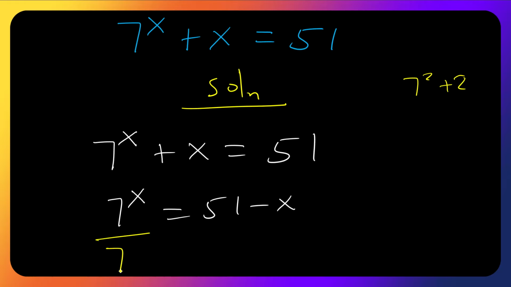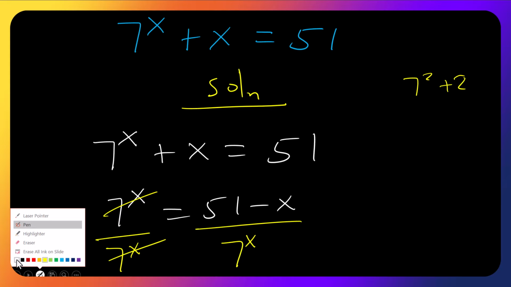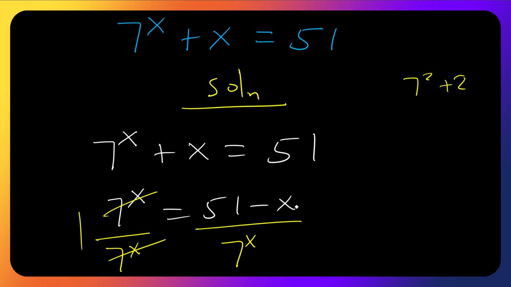So I'll divide both sides by this and do the same here. This side is good, so we have 1 here. We have 51 minus x on 7 to the power x. How do we write the right hand side in linear form? So that would be 1 equals 51 minus x times 7 to the power minus x.